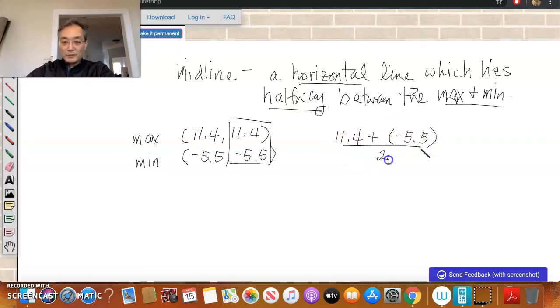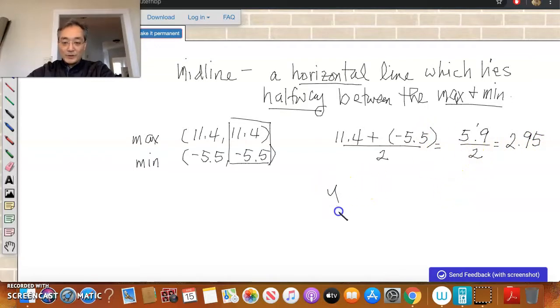That gives you, I believe, 5.9, correct? 5.9 divided by 2. 2 goes into 5 twice, and then 2 goes into 19 9 times, 9.5 times, correct? 2.95. All right, guys? So there you have it.